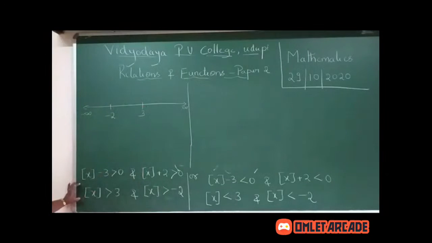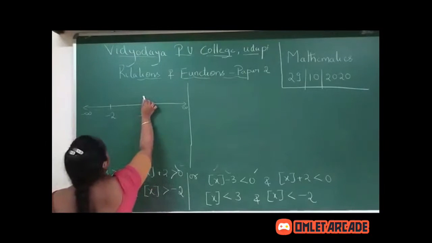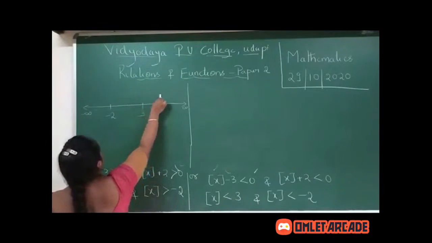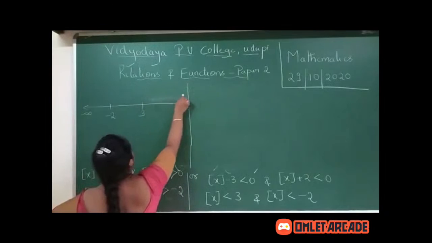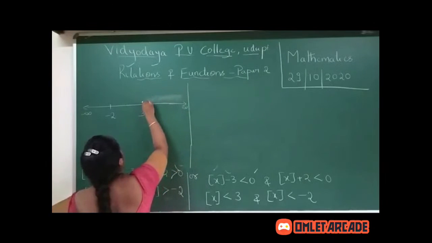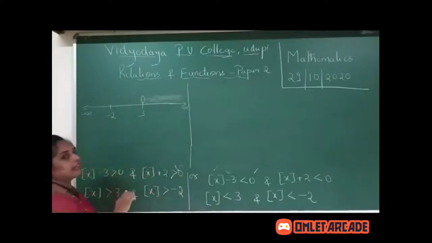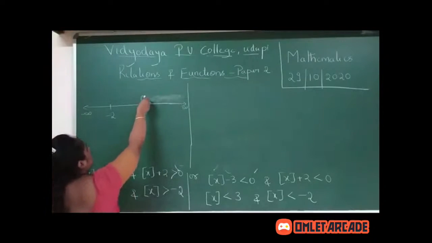Greatest integer x is greater than 3. Greater than 3 means this side, excluding 3. 3 is not included. If I put 3, you know what happens? That becomes 0, not defined. So greater than 3.